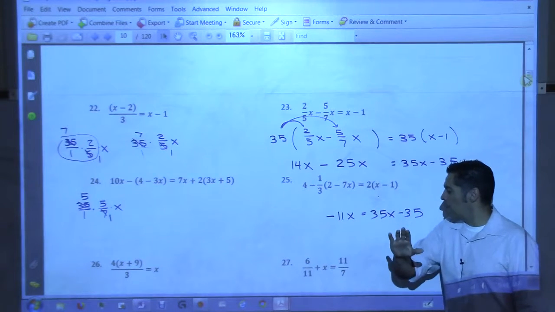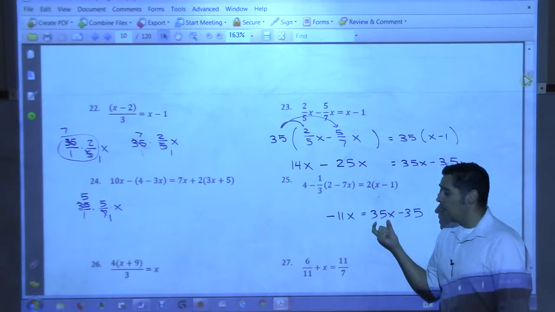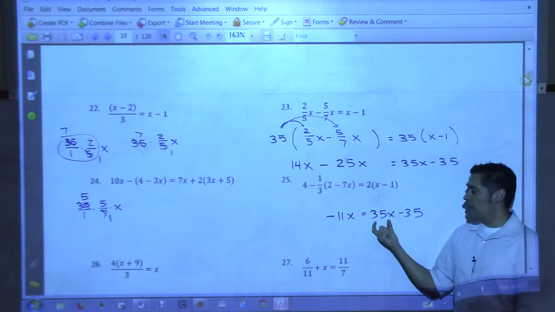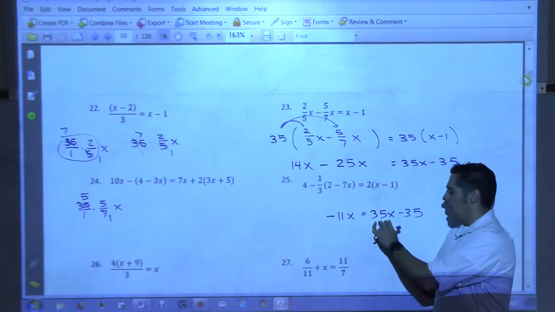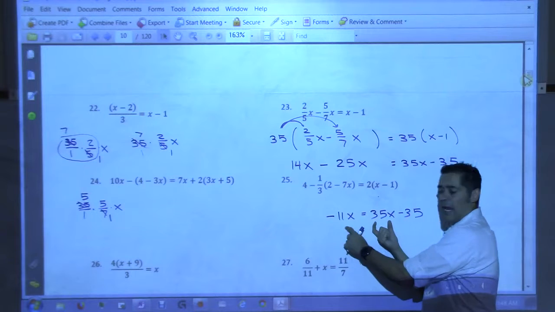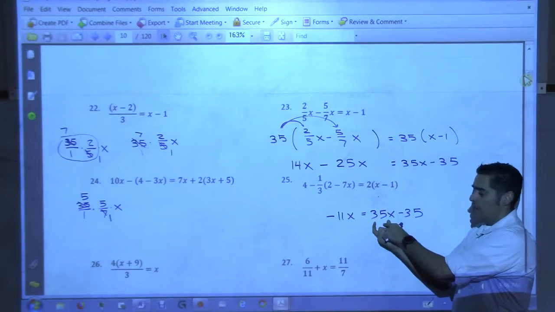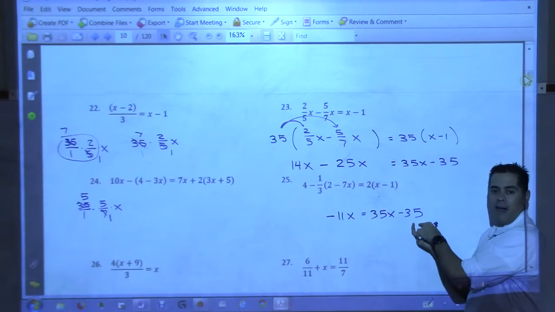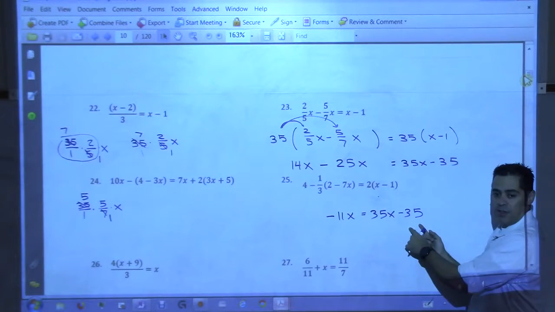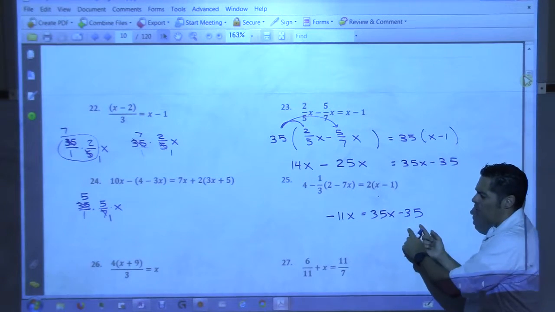Okay, so your approach is to leave this here because you want to leave it positive. And so you're going to add 11x to this side, add 11x here, but then add 35 and add 35 to get rid of this 35. So let me see if I can do that all at one time.